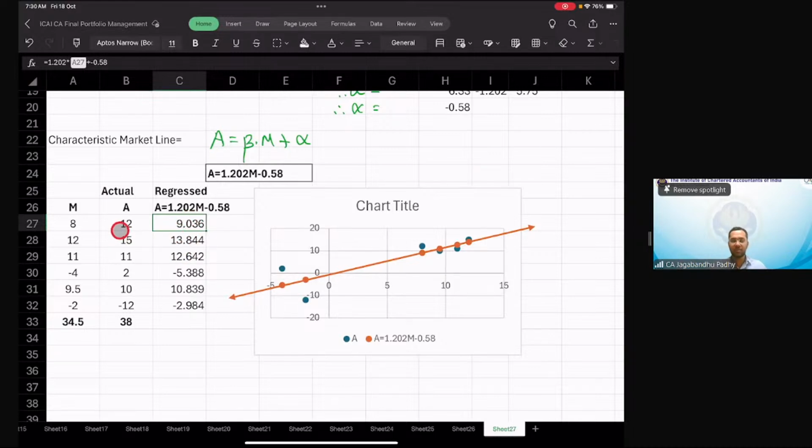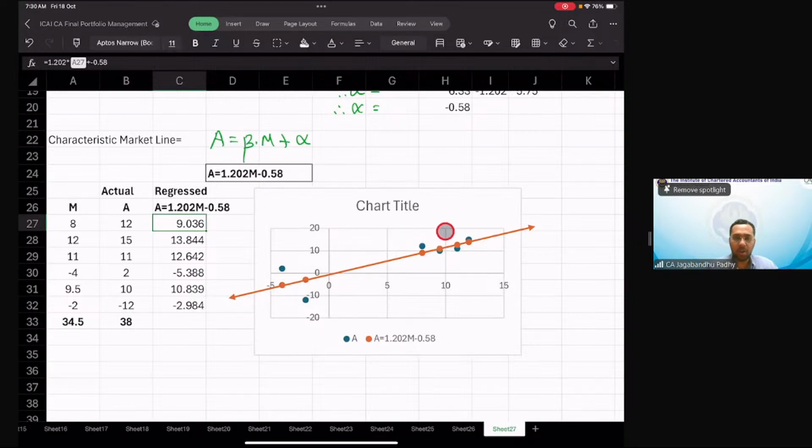When we have larger data, you will be able to see that the points are scattered around this line, and we have a straight line piercing through the entire scatter plot. So this is the characteristic market line, and what role is the characteristic market line playing? It gives us a trend of the security return with respect to the market return, right? And it's a straight line that we observe.